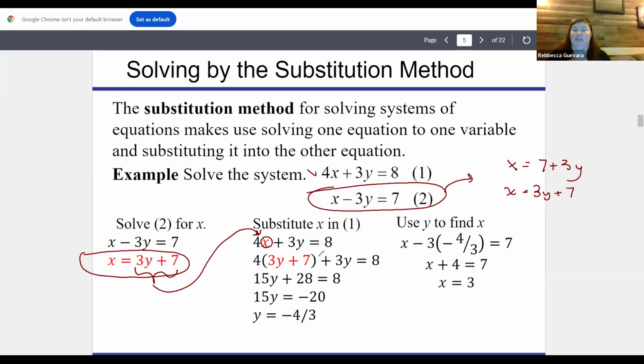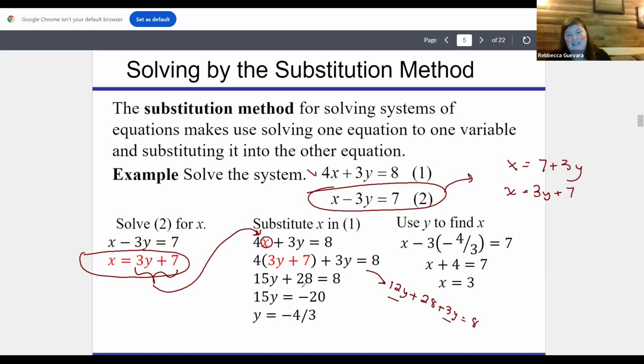What this does is guarantee that instead of having two variables, x and y, which I can't solve, I have everything in one variable, and I can solve for it. If I distribute, you end up with 12y plus 28 plus 3y equals 8.